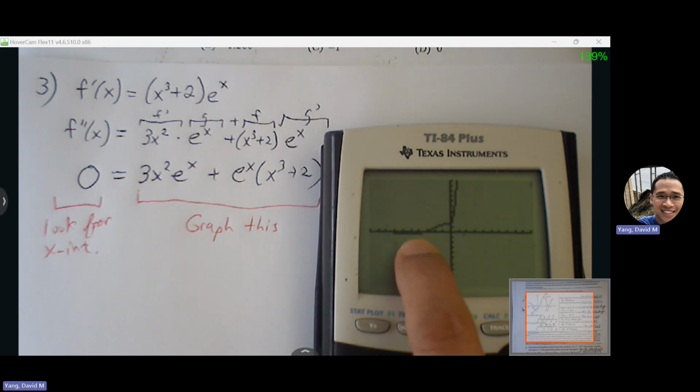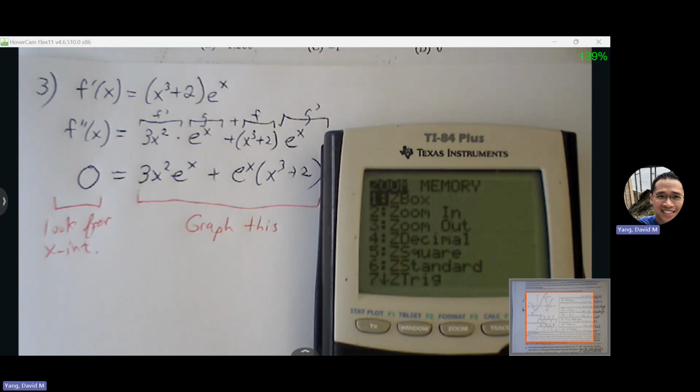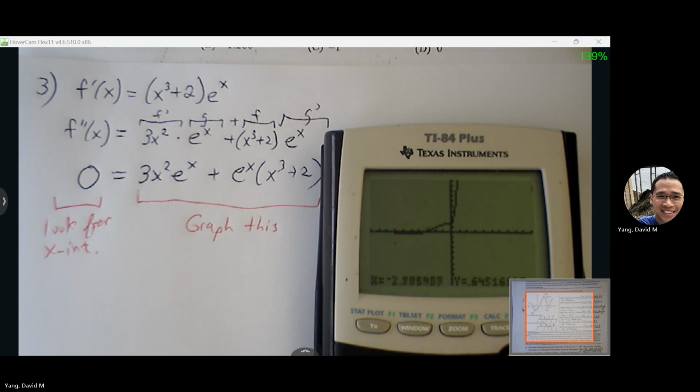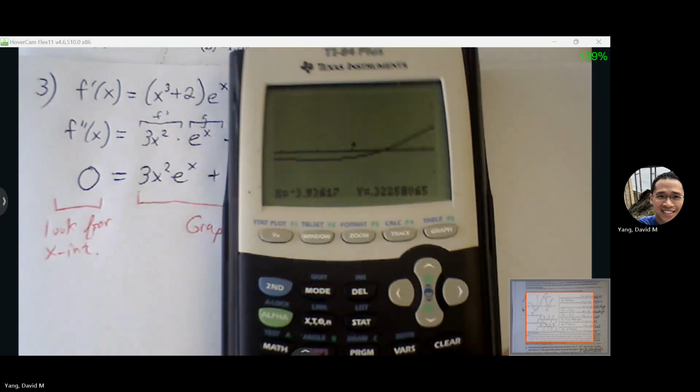I see a potential x-intercept here. I'm going to zoom in. So if I do zoom box, zoom in that region there. There's my x-intercept.